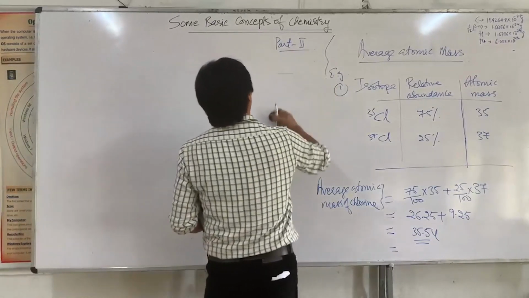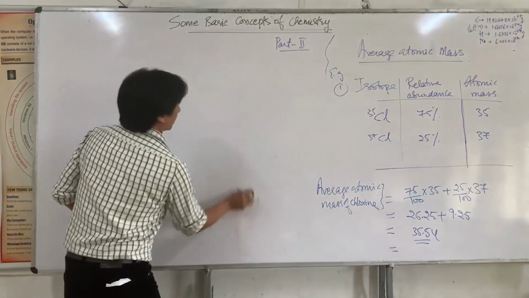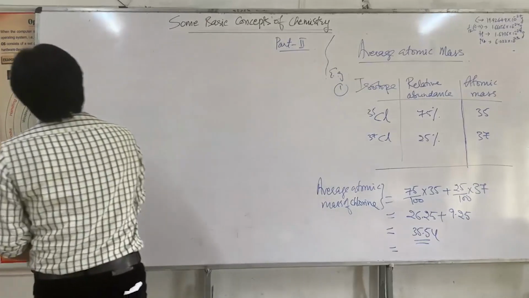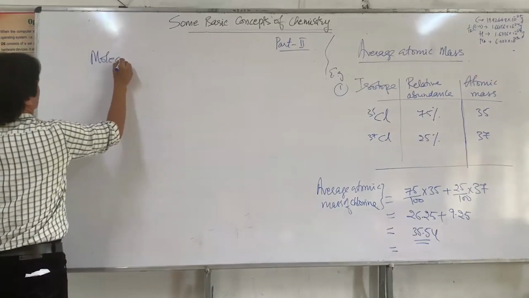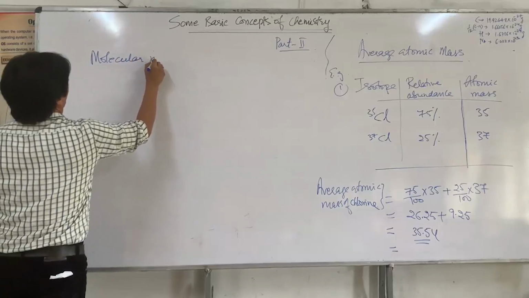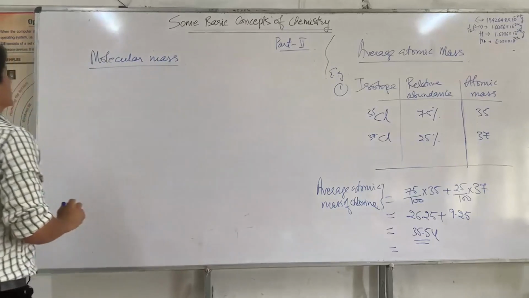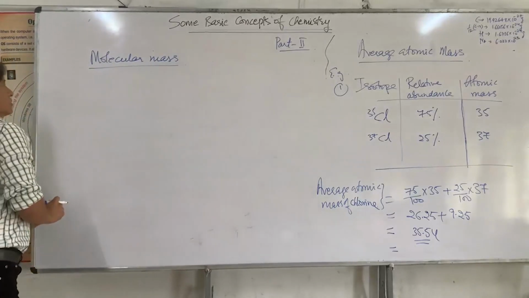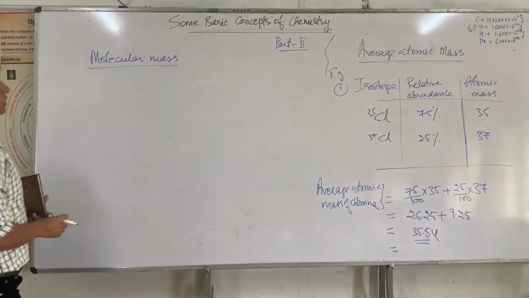So you just have to find the sum of the masses of the atoms of different elements that are present in a molecule. This is the molecular mass. The sum of the masses of the atoms of different elements present in a molecule is called the molecular mass.